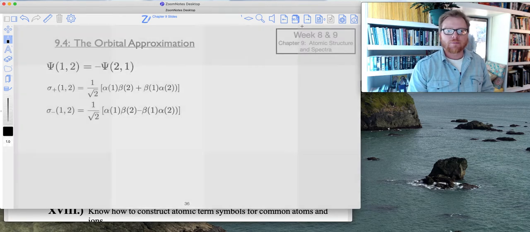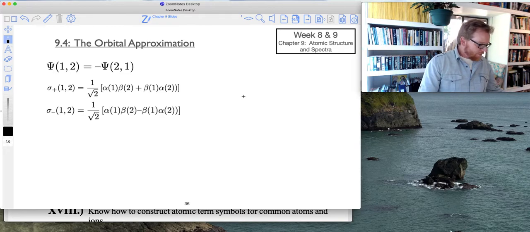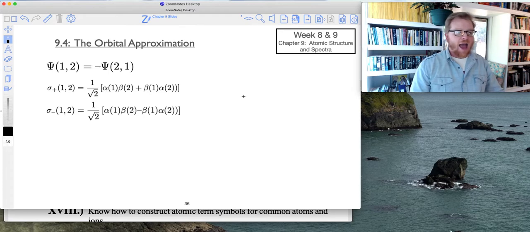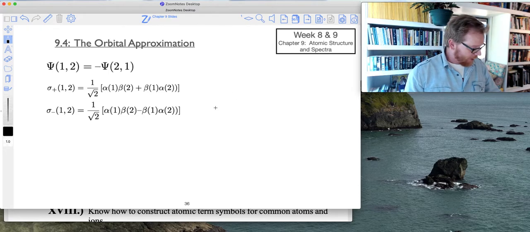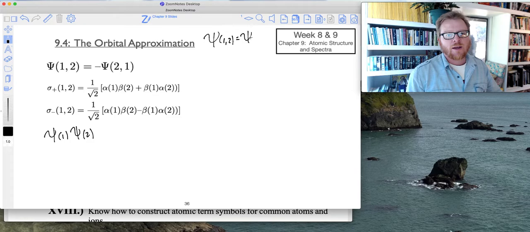So let's continue along. Now, if we put all of this together, my four possibilities become as follows. I get a possibility that goes as psi 1, psi 2, and I'll remind you that psi(1,2), we can do separation of variables and call that psi 1, psi 2.